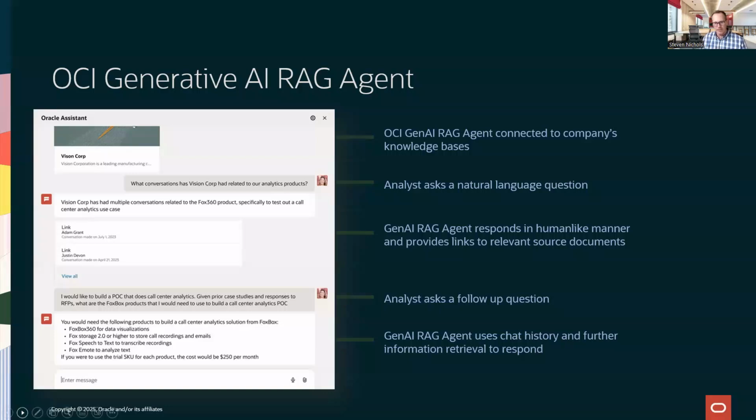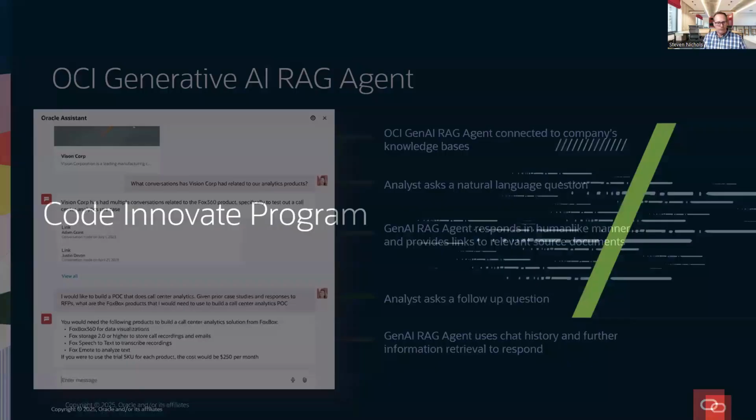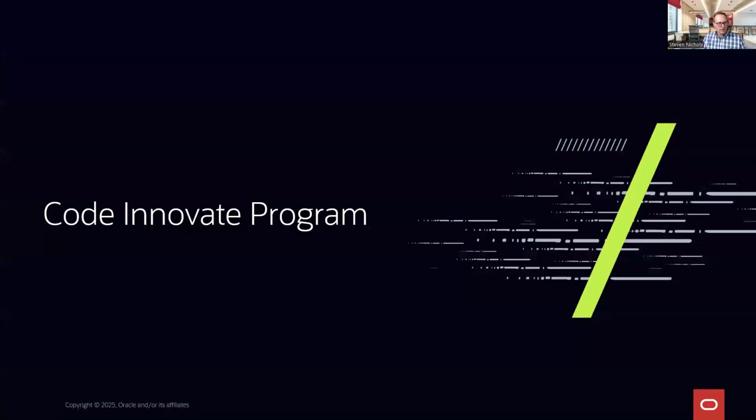So once you start a session in an OCI Gen AI agent, the session is current, and you can ask follow-up questions on results that you were given earlier, meaning that there's chat history that's maintained for that session and is used when newer questions are asked. So at this point, I'm going to move over to the OCI console.